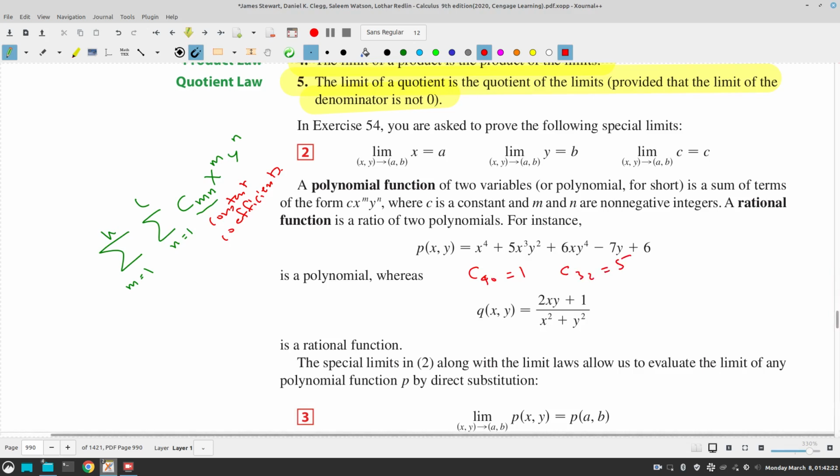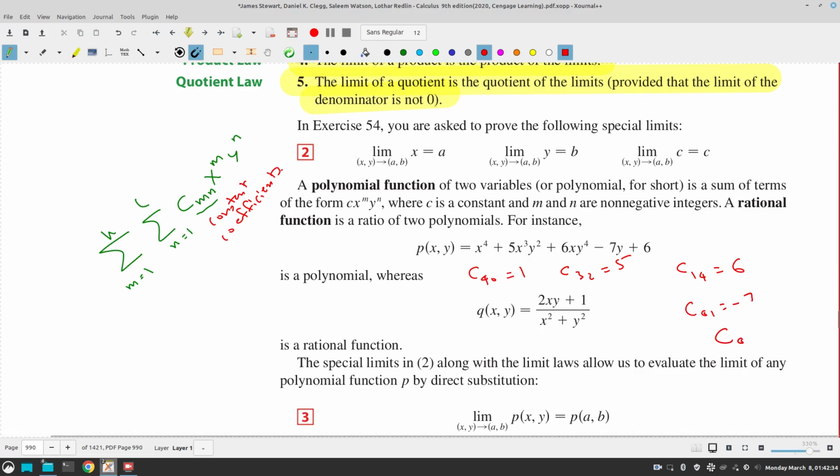I mean, this is just notation I made up on my own. c_14 equals 6, c_01 equals -7, and c_00 is equal to 6, and of course all the other c's are 0. And a ratio of two polynomials is known as a rational function.